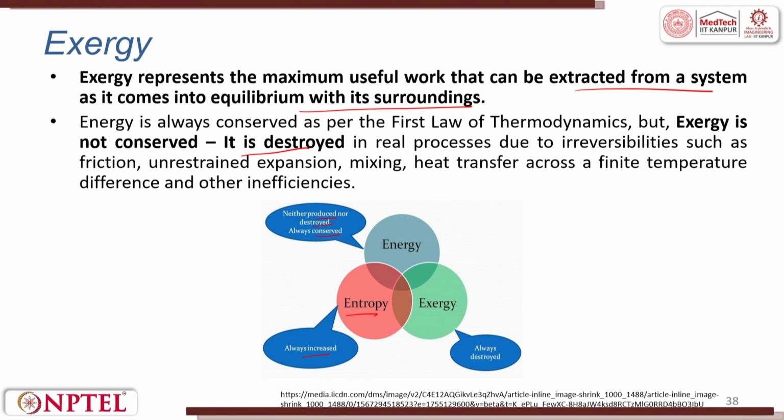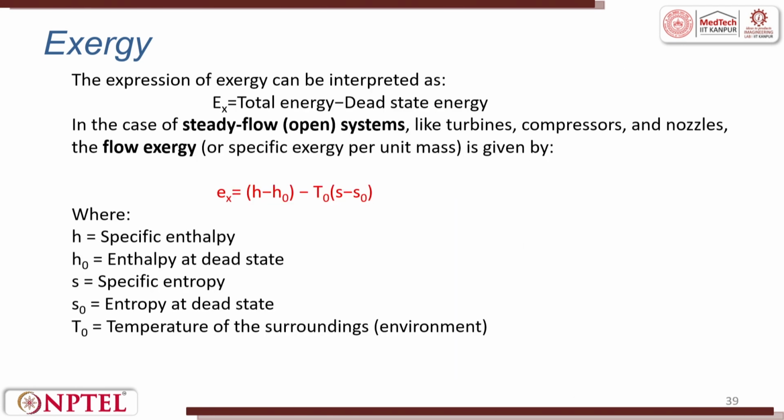Not going into the concepts in detail, I'll just try to see how we calculate exergy. The total energy minus dead state energy is the exergy. Dead state means we are talking about standard temperature and pressure, that is temperature as 25 degrees centigrade and pressure as 1 bar. In case of steady flow, that is open systems like turbines, compressors, nozzles, the flow exergy or specific exergy per unit mass is given by Ex is equal to H minus H naught minus T naught times S minus S naught.